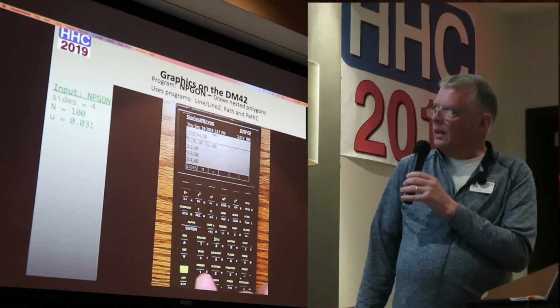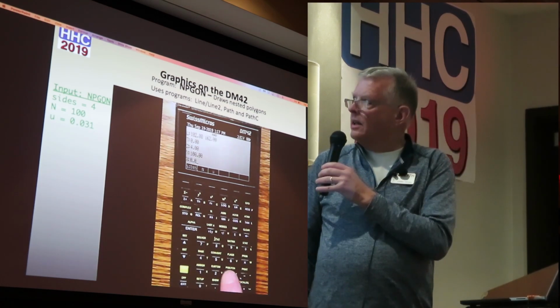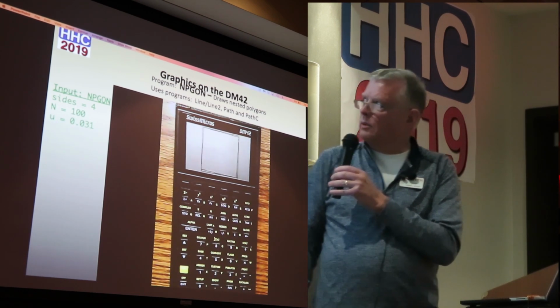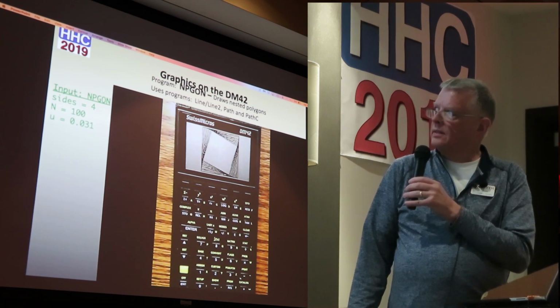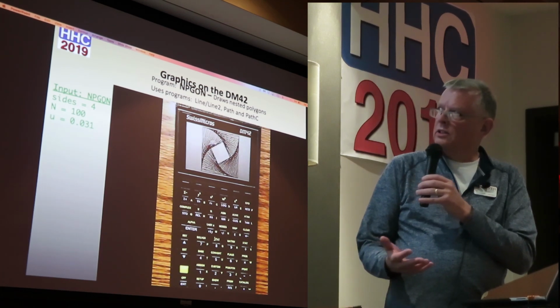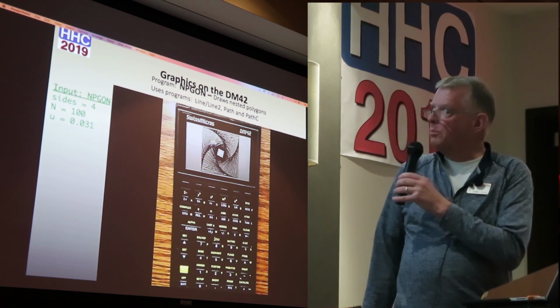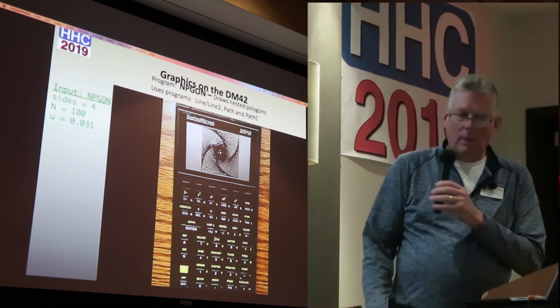N is how many polygons you're going to draw, and then mu is a value that gives the resolution of it. So again, it just shows the capability of the DM42. It has a lot of ability to draw really complex types of things.